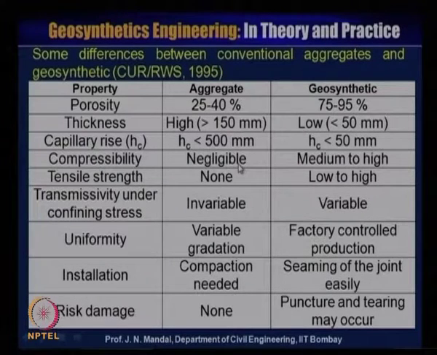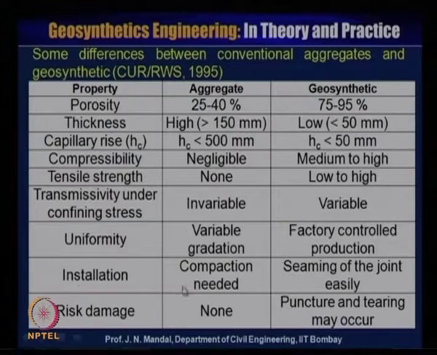Compressibility: in case of aggregate negligible, in case of geosynthetics medium to high. Tensile strength: in case of aggregate none, and in case of geosynthetics it is low to high. Transmittivity under confining stress: in case of aggregates invariable, but in case of geosynthetics it is variable. Then uniformity: in case of aggregate variable gradation, in case of geosynthetics factory controlled production.